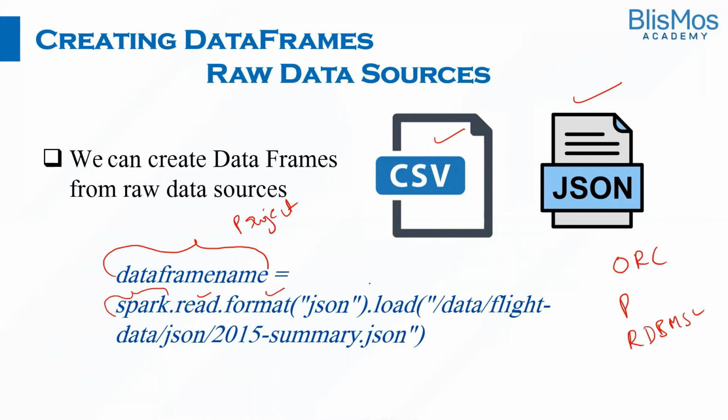There are multiple options, but let us not worry about them now; we'll see them as we go to the next section. So give a data frame name, use the Spark session, read, provide the format, and provide the path where exactly your file is. In this case, we are trying to create a data frame out of a JSON file. I hope you understood how to create the data frame using raw data sources.